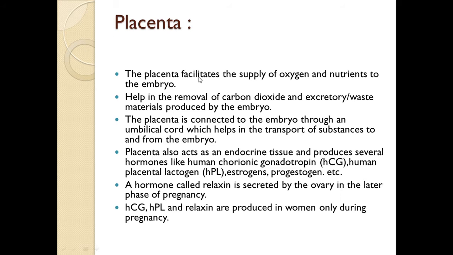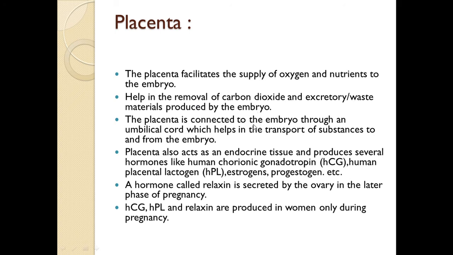The placenta facilitates the supply of oxygen and nutrients to the embryo. It is the connecting link between the mother and the developing fetus or embryo. It helps in the removal of carbon dioxide as well as excretory waste materials produced by the embryo.